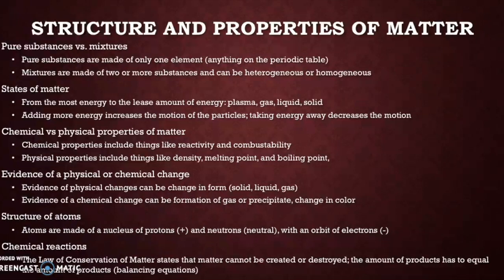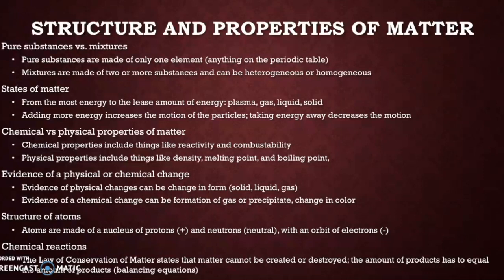Chemical and physical properties and changes. So remember, chemical properties are anything like reactivity and combustibility, where physical properties are things like density, melting point, and boiling point. You can tell a physical change has occurred because it changes form, but it's not changing the chemical makeup of the element.